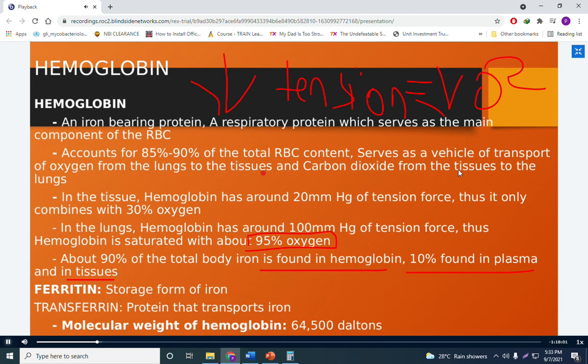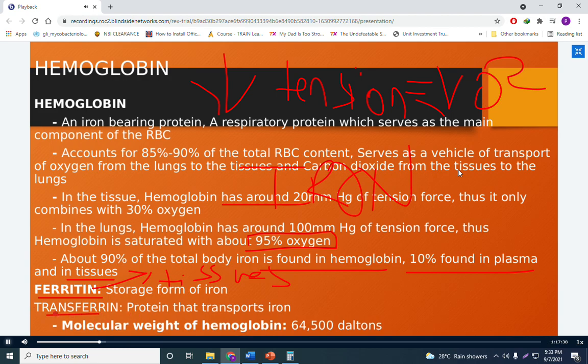Now, let's look at the different classifications of your iron. Now, the storage form of iron class is known as your ferritin. Now, this ferritin can be found in your tissues. Then there's another type. We have your transferrin class.